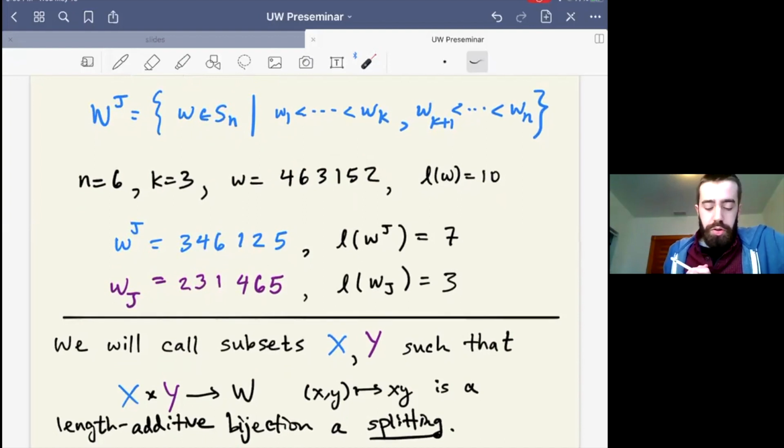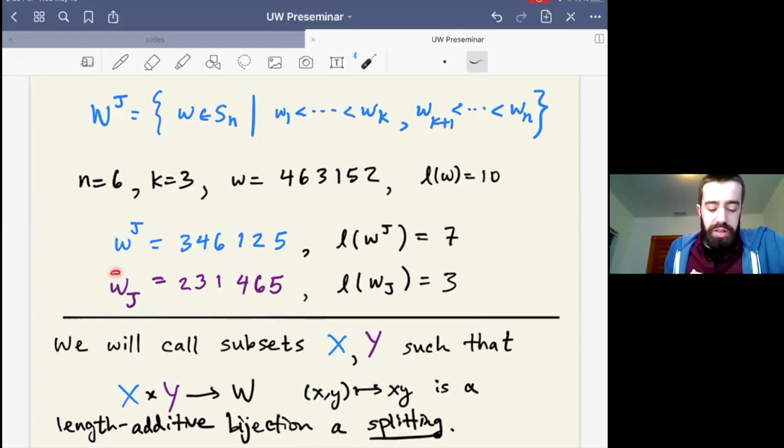But we could also decompose this permutation into the piece coming from the parabolic quotient. So notice what I've done here is, if you divide after the Kth position, I just look at which numbers are among the first K and sort those here, and which numbers are among the last 3 and sort them here. The length of this thing we can check is 7.